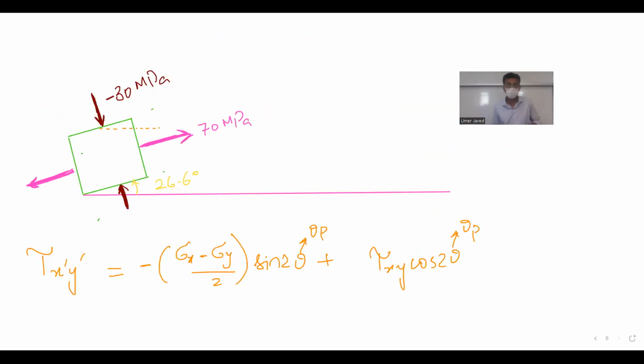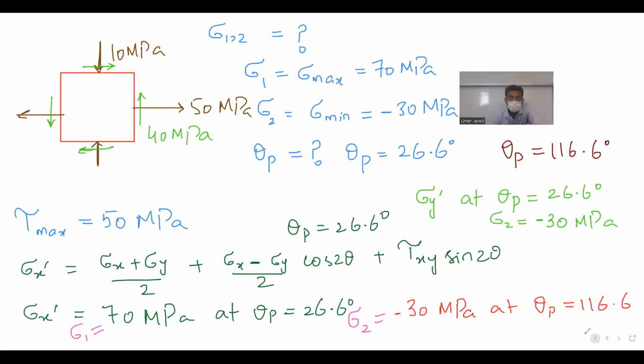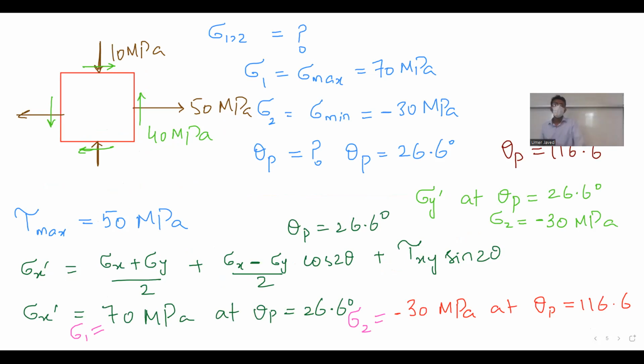Okay, now give me the tau x prime y prime. It was not given by our students. Okay, give it to me, please. Tau x prime y prime. Quickly. You have come from break, everyone is fresh. Why don't you give me tau x prime y prime? No, sorry, I mean tau max.